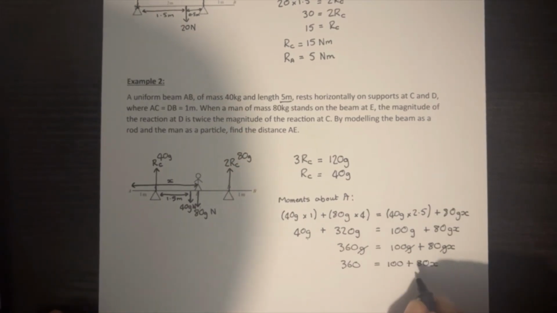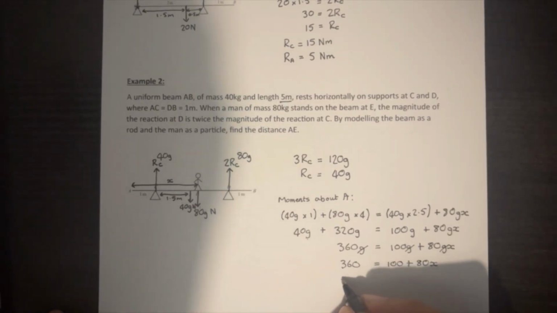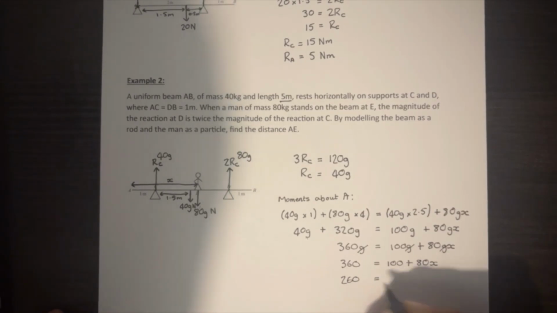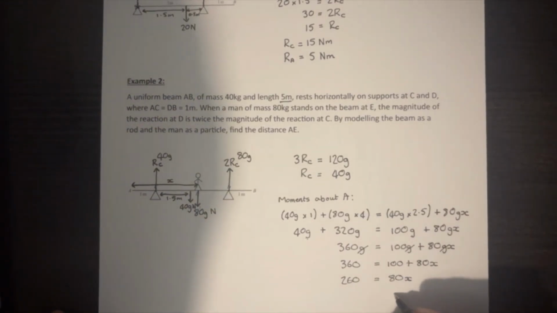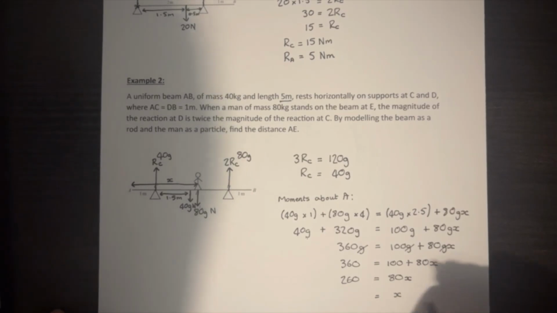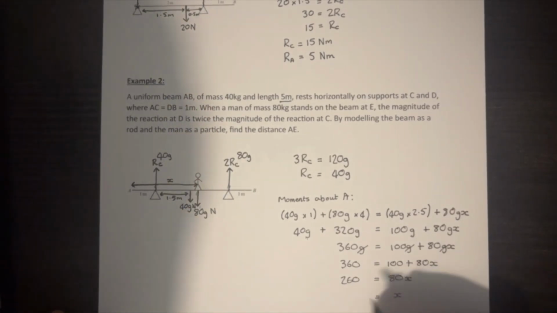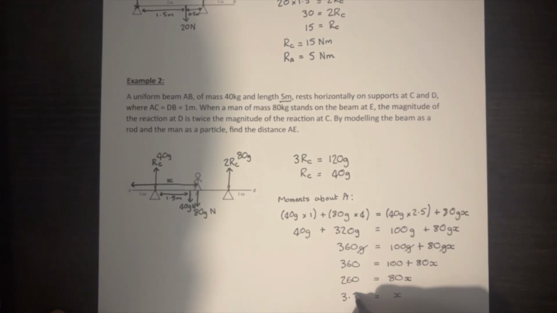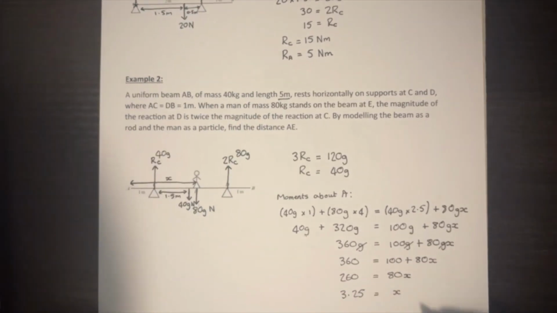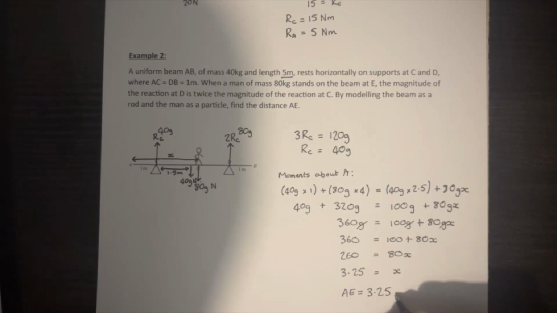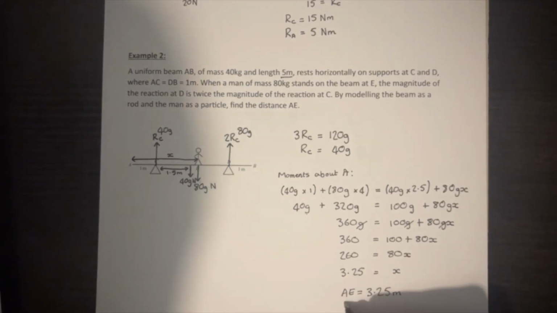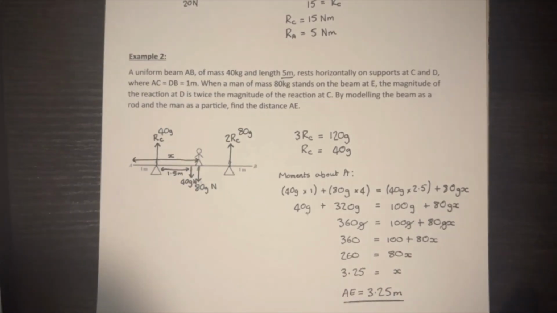Then I've just got a linear equation I can solve. Subtract 100 from both sides, so 260 is equal to 80x, then divide through by 80, which gives x equal to 260 divided by 80, which is 3.25. So that distance AE was 3.25 meters, and that is our final answer.